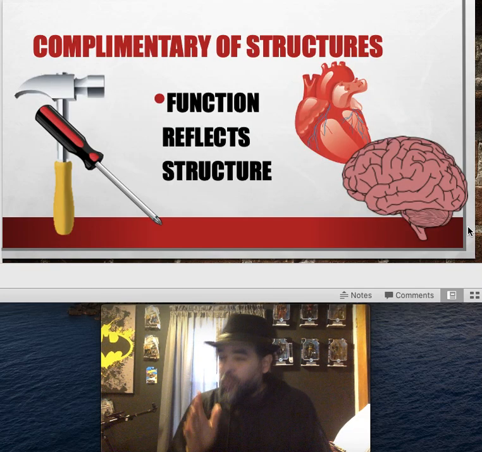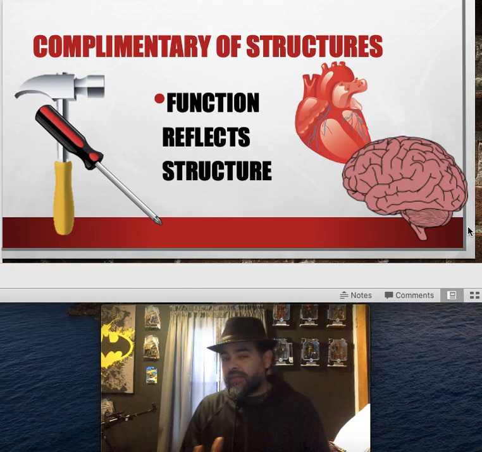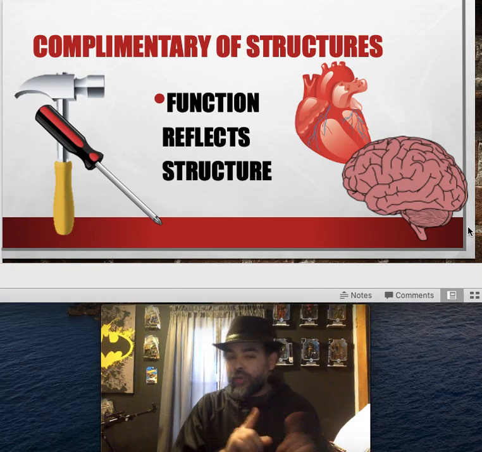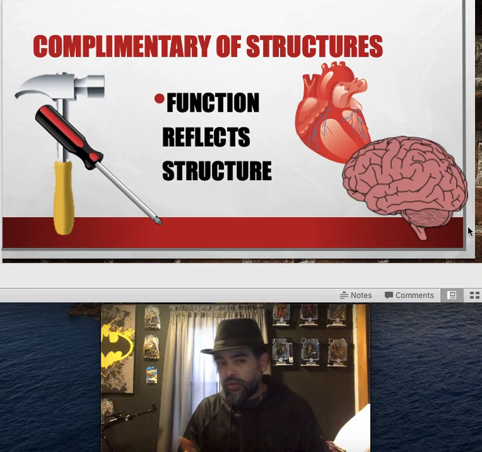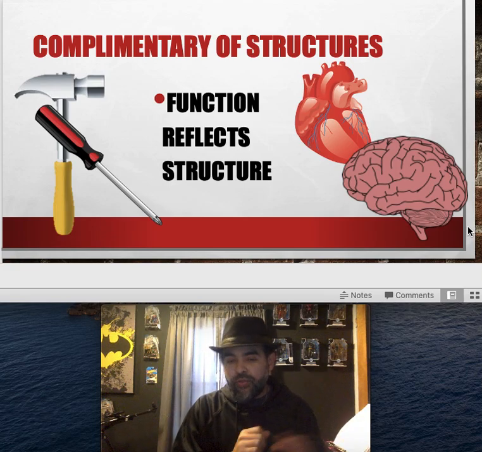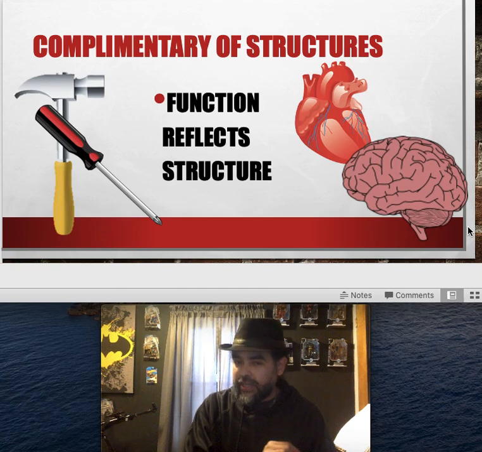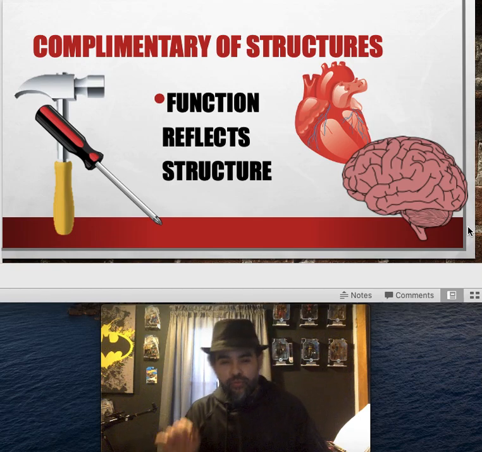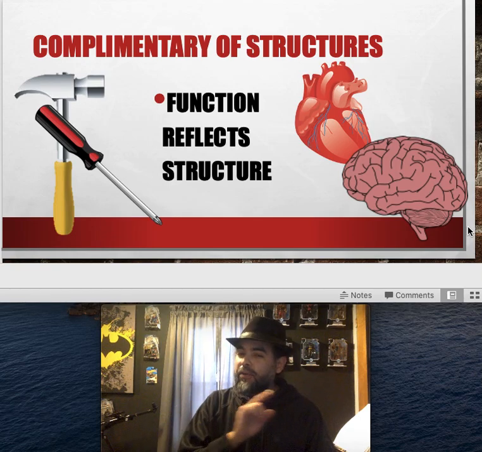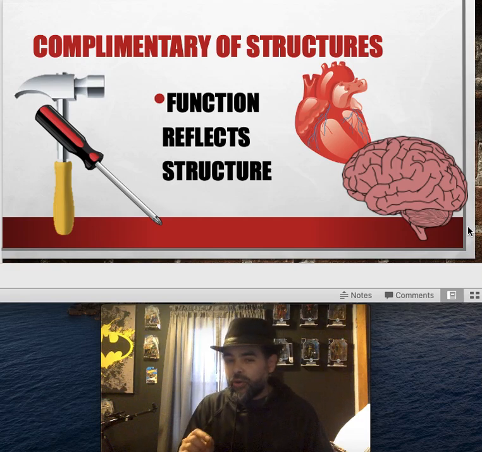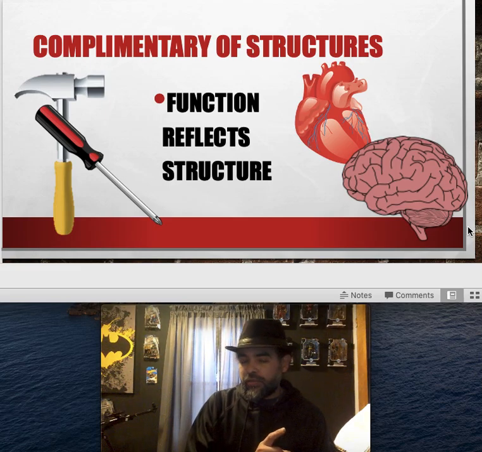So one major concept is that structure is related to function, or function reflects the structure in terms of those organs. What does that mean? That means that our body takes no luxuries and everything is designed the way it is for a very particular reason. So when we look at the function of some organ, its structure is going to be directly related to the function that it's performing.